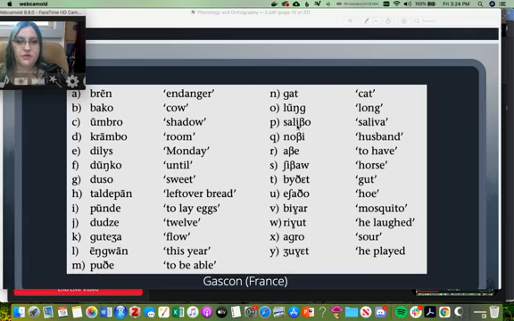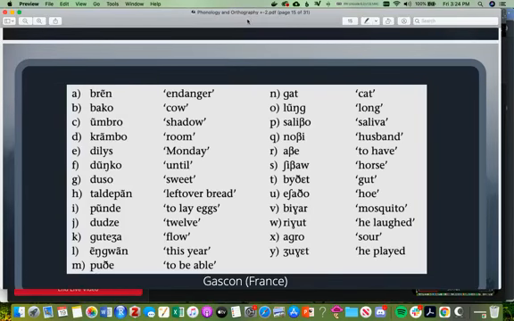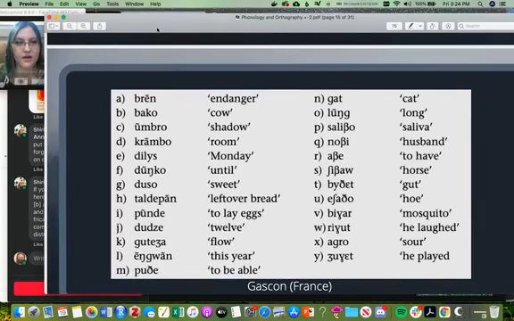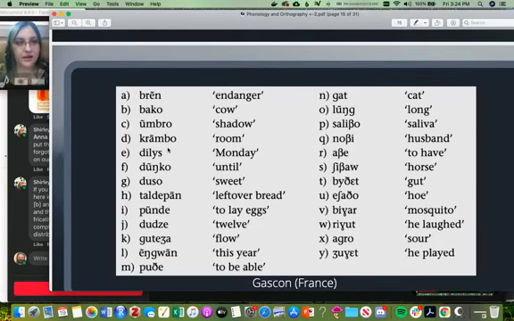These tend to occur, from what we see in this data set, between two vowels. So this is E and O, this is O and E, this is A and A, right? We see it between E and A here as well in the word for horse, cheval. So it is occurring in a different kind of specific environment from the plain B.